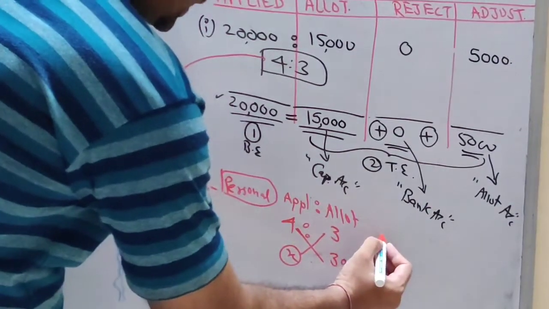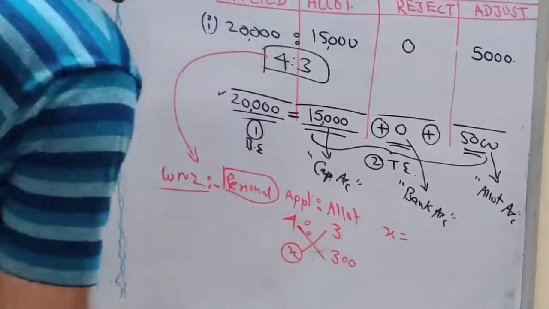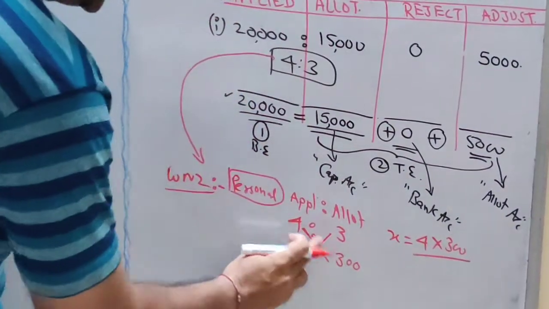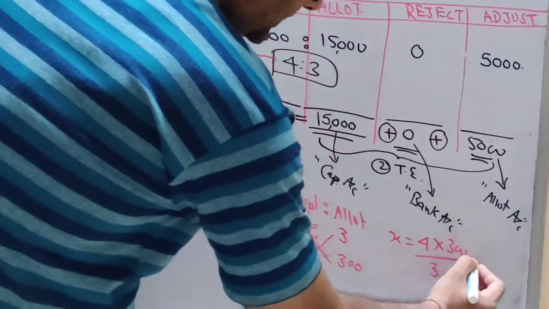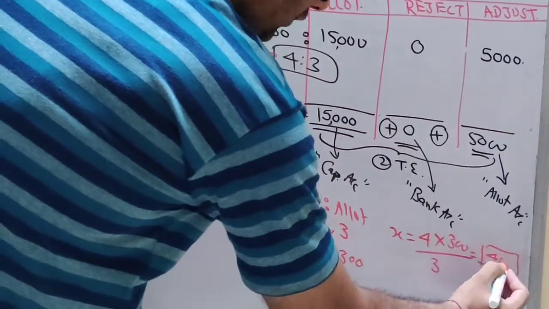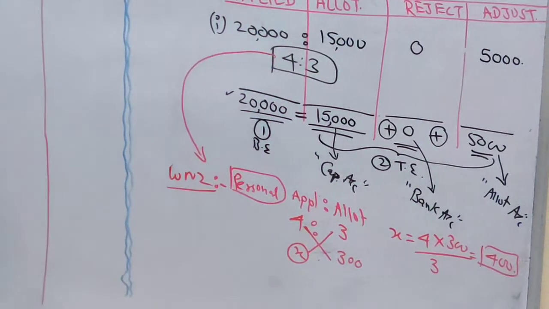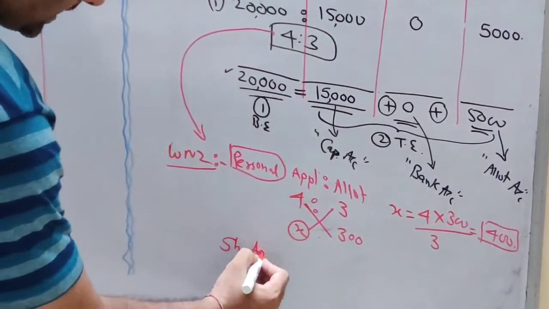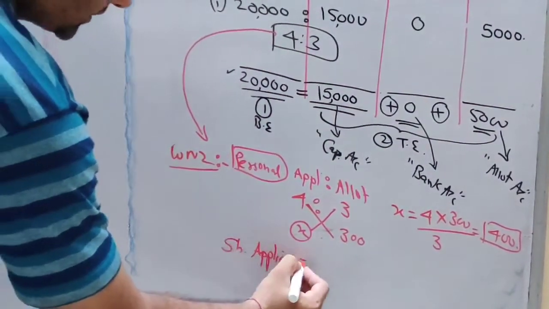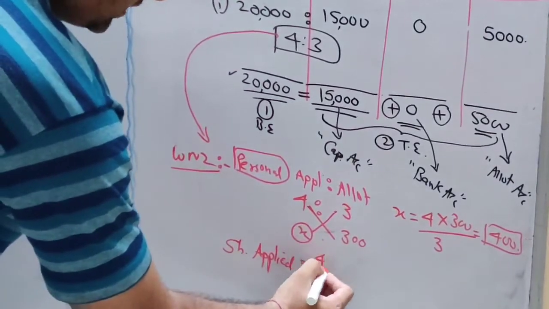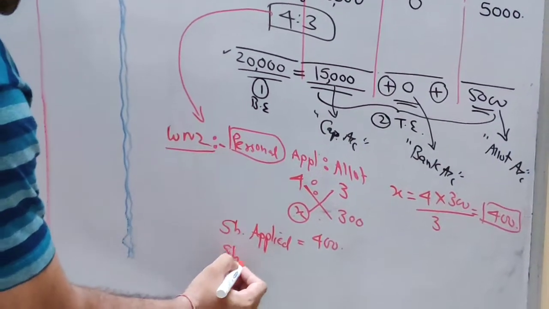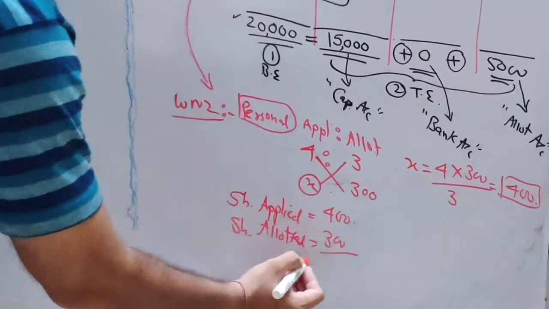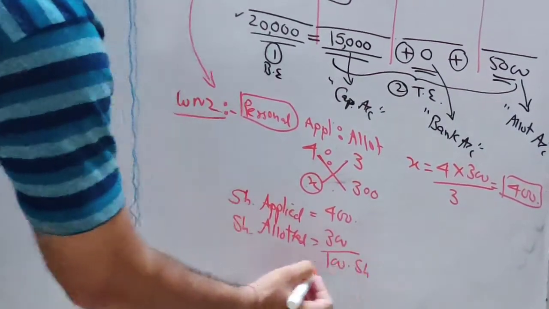So if you cross multiply, x equals 4 into 300 divided by 3, and your answer is 400 shares. So can I write it this way now? Ashutosh applied for 400 shares. How many shares were allotted to him? 300 shares.